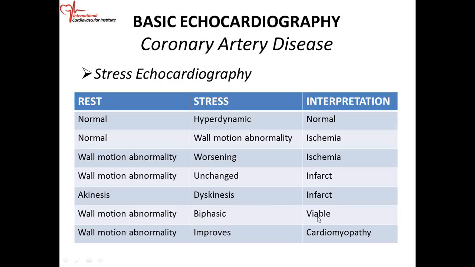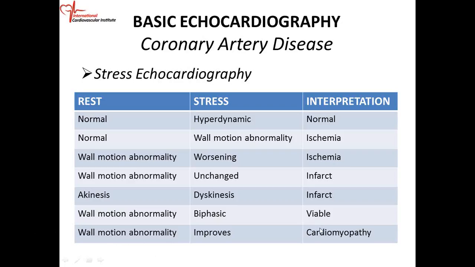Okay, we'll go over dobutamine stress echo again, but when you get the biphasic response with dobutamine, it suggests viable muscle. If you do your echo at rest and say the ejection fraction is, so this is a stress echo now. You do your stress echo and the ejection fraction is, say, 30%, and then you exercise the patient and the ejection fraction goes up to 50%.